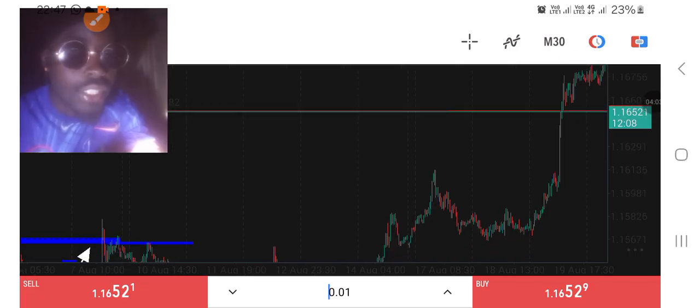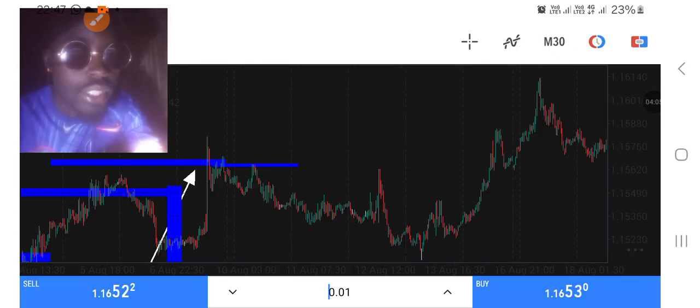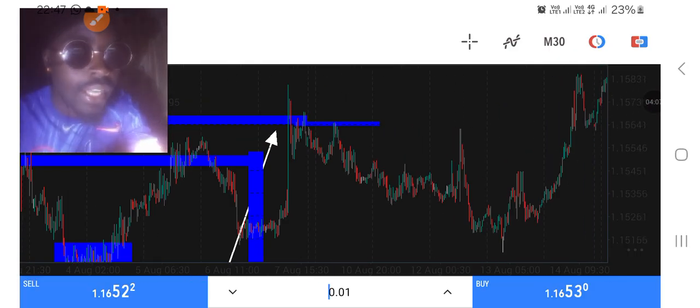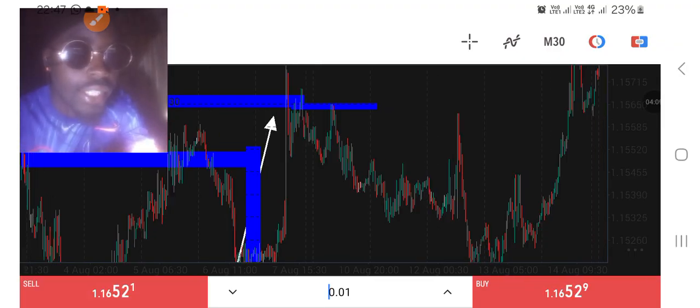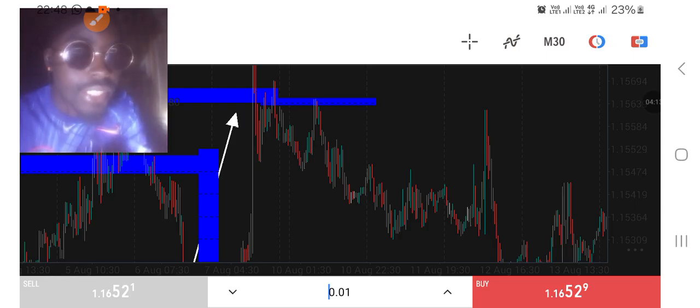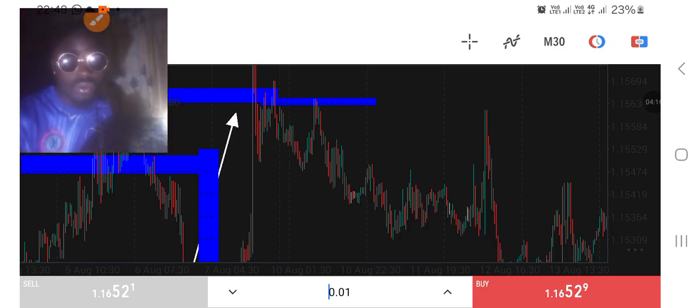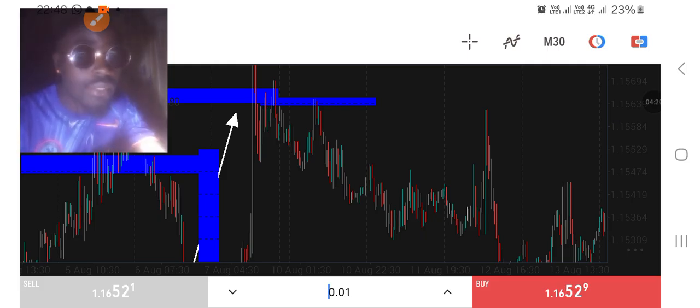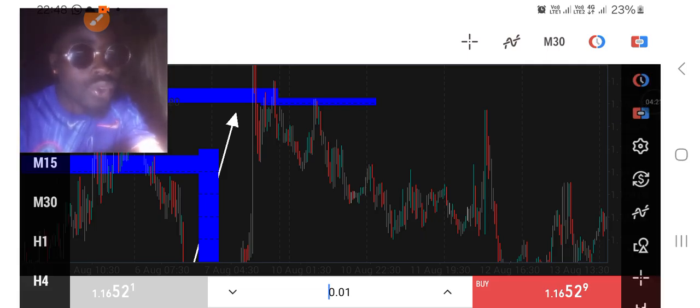Let me take an example of a very clean downtrend. Let's find a very clean downtrend here. This is an example of a downtrend.